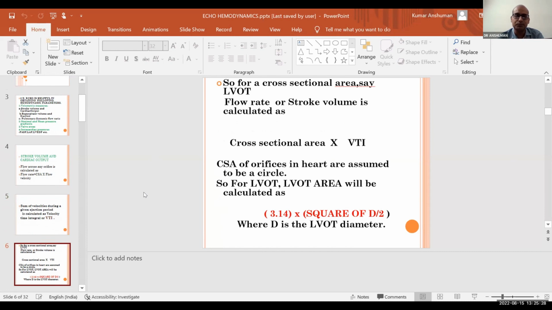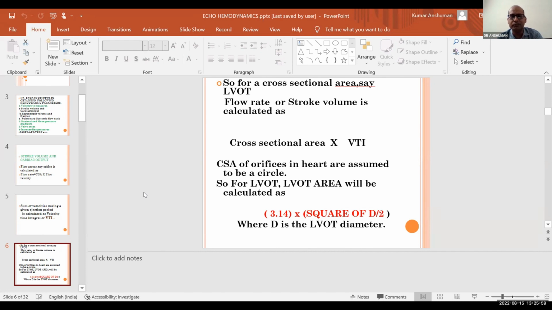To summarize, if you give a pulse wave Doppler at the LVOT, you get a graph below the line and you just trace it; that is the VTI. Then you measure the cross-sectional area, and if you multiply it, you have the stroke volume. Now, how is the cross-sectional area defined? The cross-sectional area of any orifice is assumed to be a circle.